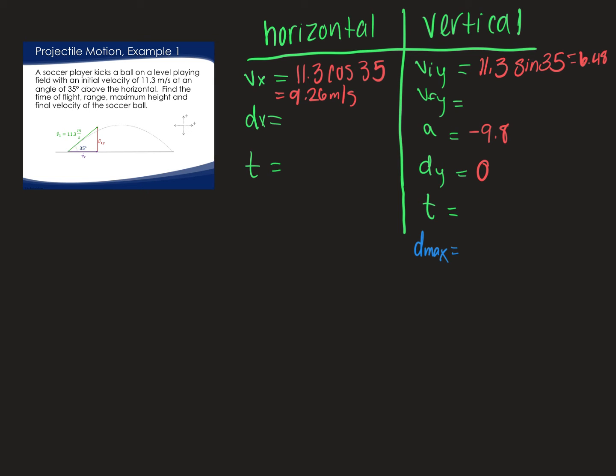Alright, so let's find our time of flight. Okay, so we get d equals ViT plus 1/2 AT squared. So d is 0. Vi is 6.48 T plus 1/2 times negative 9.8 T squared. You guys are ready? We're going to have to do the Pythagorean theorem. Not Pythagorean theorem. Oh my goodness.